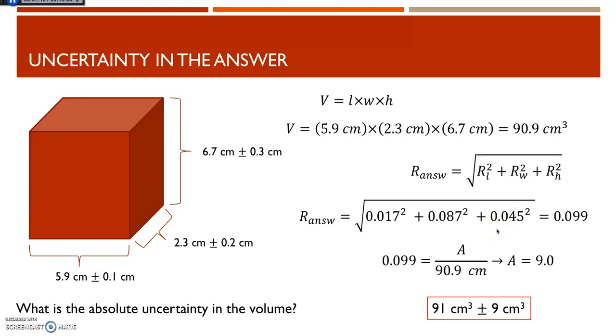So if you think about in lab when you're doing measurements and you have a mass measurement and you have a volume measurement, perhaps your mass measurement has less relative error, maybe 0.1%, and your volume measurement has a lot higher error. Your error in that calculation for density would be completely determined by the error in the volume. Okay, it's going to be larger than the largest uncertainty that you have.